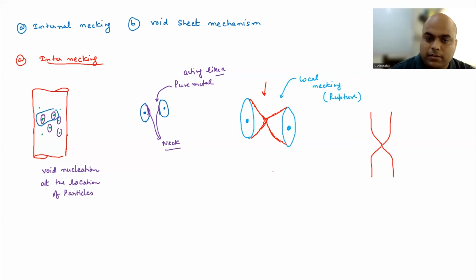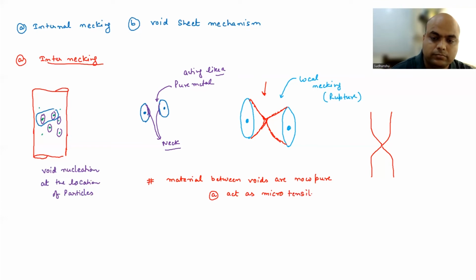Okay. So overall, I can write that the material between voids is now pure. There is no particle. So you can have it acting as a microtensile sample, that too of pure metal.